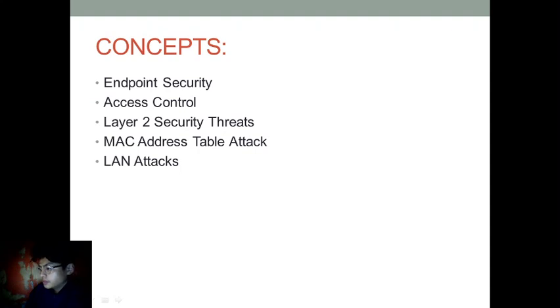LAN devices such as switches, wireless LAN controllers, or the WLCs, and other access point devices interconnect endpoints. Most of these devices are susceptible to the LAN related attacks that are covered in this module, but many attacks can also originate from inside the network. If an internal host is infiltrated, it can become a starting point for a threat actor to gain access to critical system devices, such as servers and sensitive data.